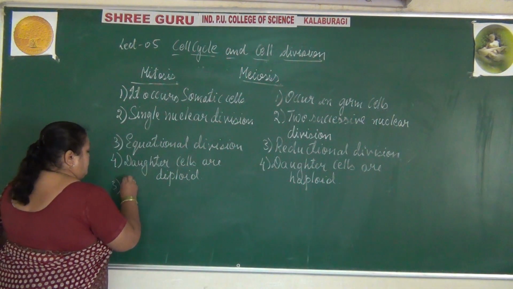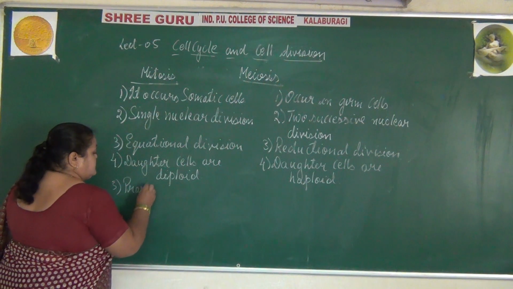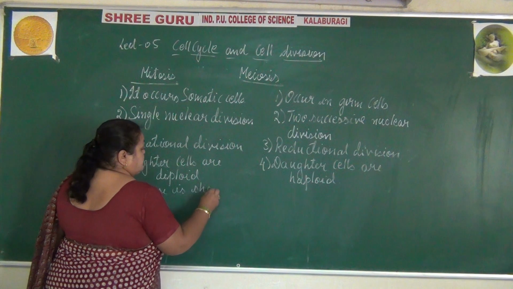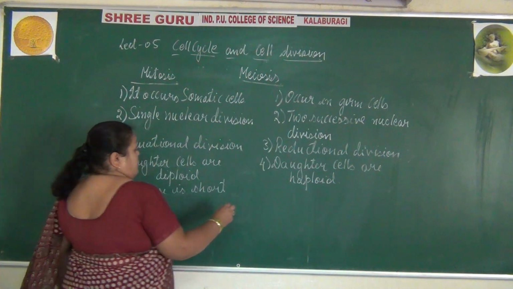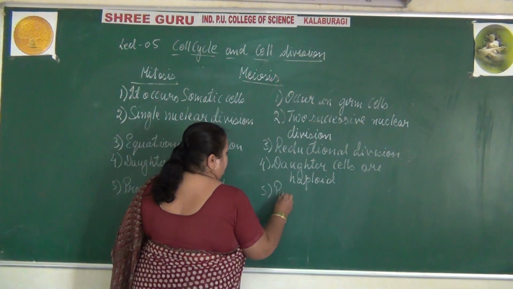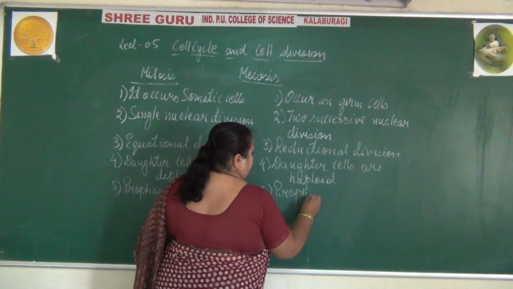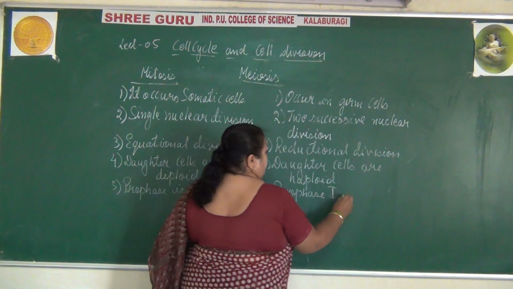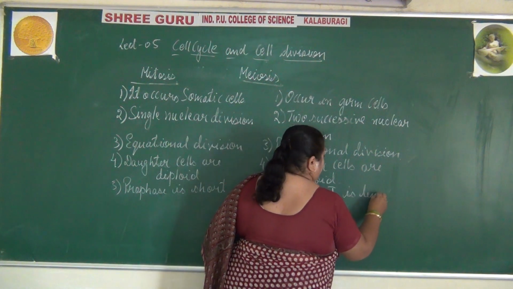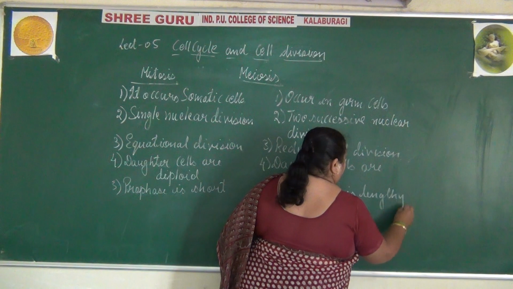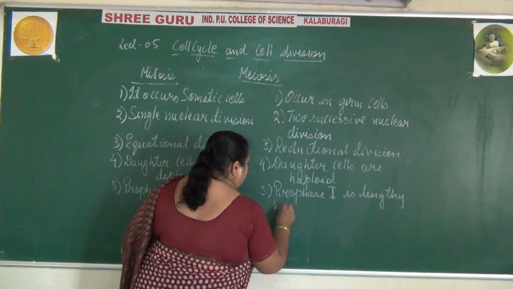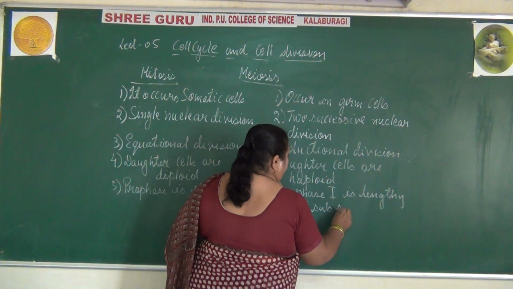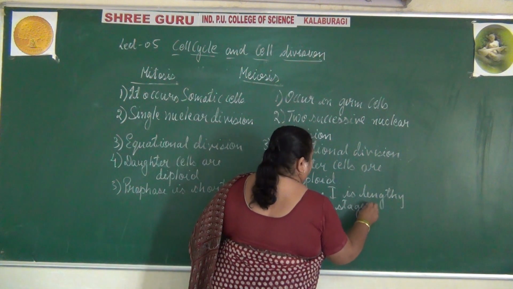And prophase is short, while in meiosis prophase I is lengthy with 5 sub-stages.